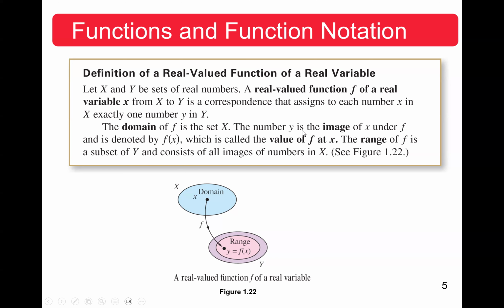Here we say the number y is the image of x under f and is denoted by f at x, which is called the value of f at x. And the range of f is the subset of Y that consists of all the images of the numbers in X. So, to summarize, the x values in our set uppercase X will be called the domain, and the range will be the y values in our uppercase Y set. And always the x determines the y value.